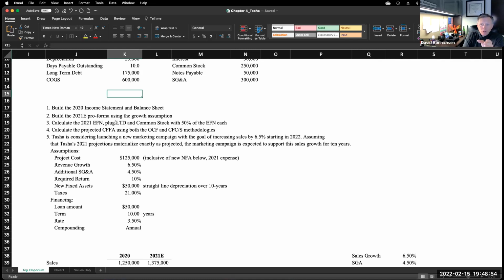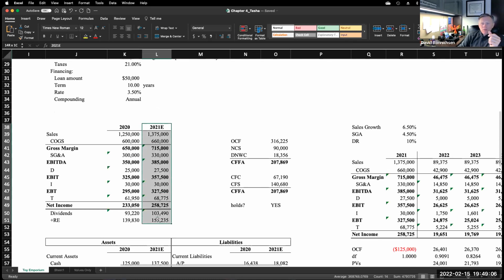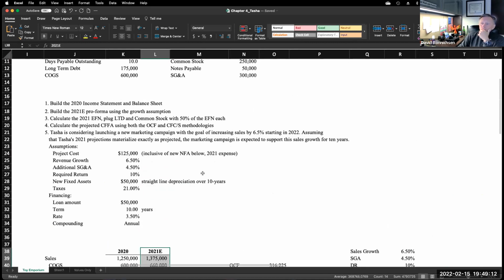We're going to assume that Tasha's 2021 projections materialize exactly as projected. So what that means is whatever you forecast for 2021 actually winds up happening exactly like you forecast. And the marketing campaign is expected to support this sales growth for 10 years. Okay. So we're looking at a 10-year projection now.